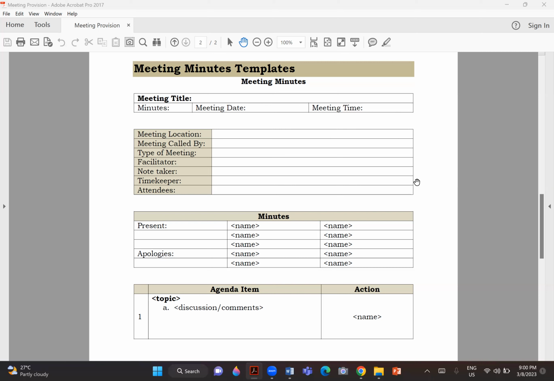Now we come to the fourth section, which is the most important section, where we state the agenda item, and here the topic will be taken from the meeting agenda. Okay, then the discussion. The discussion should not only be descriptive. The discussion should also include the follow-up steps, the checkpoints, the monitoring and review.